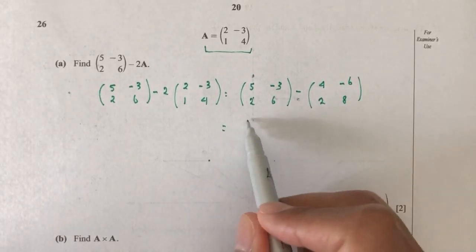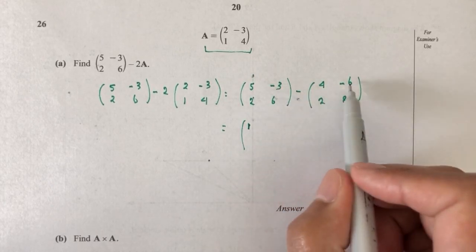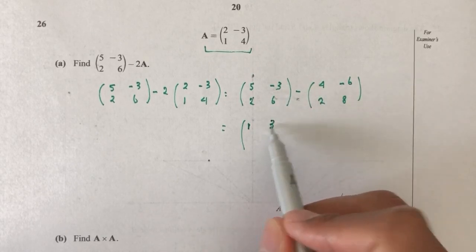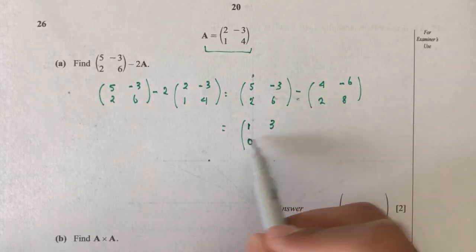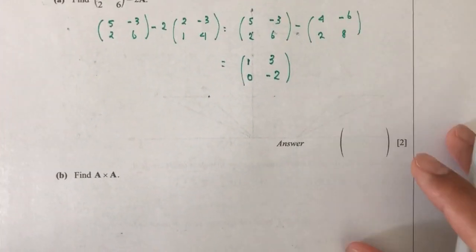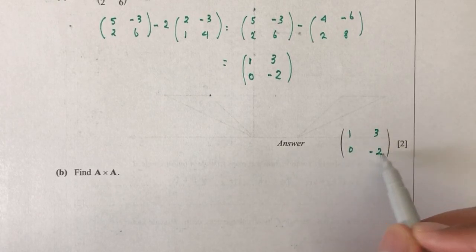Now we do it one by one. 5 minus 4 is 1, minus 3 minus 2 is minus 3 plus 6 will be 3, 2 minus 2 will be 0, 6 minus 8 will be minus 2. So this will be your answer for part A: 1, 0, 3, minus 2.